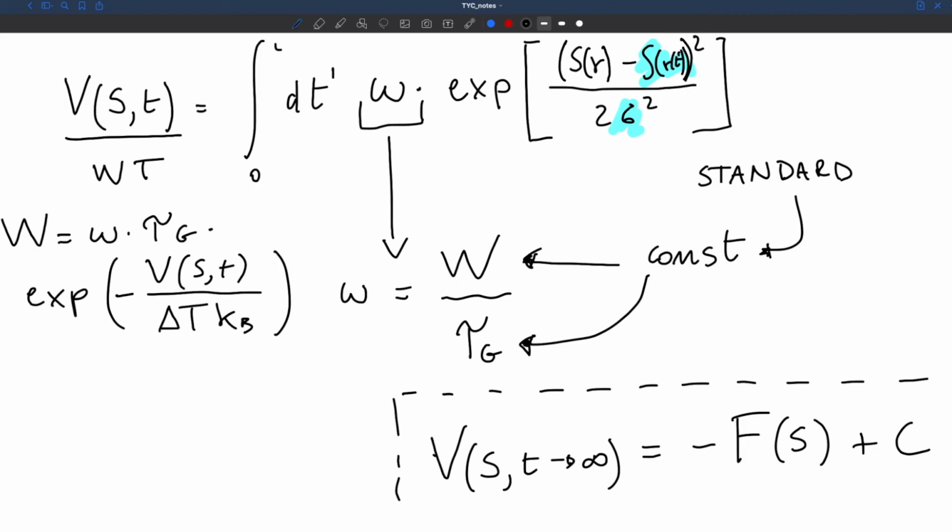Moreover, introducing this behavior for the height of the Gaussians actually introduces a convergent behavior in the bias potential V of S and t, and a precise relationship between the bias probability density that is obtained in the long time limit in a well-tempered metadynamics run and the parameters that appear in this exponential decay, in particular delta T.